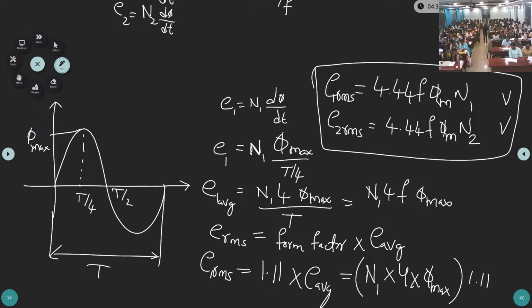If it is a secondary voltage, we will have N2. So E1 is equal to 4.44 F φ max N1, and the secondary voltage is 4.44 F φ max into N2. So this is about the EMF equation of the transformer. Kindly note down. We'll do the problems now. Write down this.